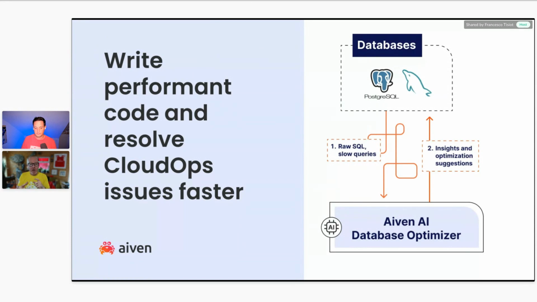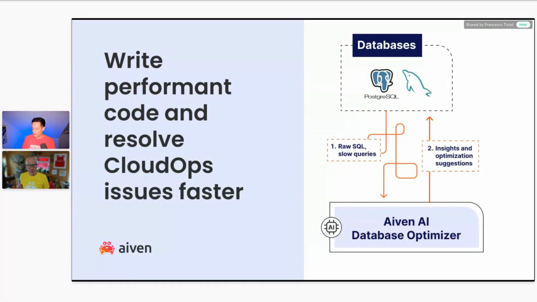And the sooner you can get a database back to a performant state, either because you've tweaked the queries to make the workload more effective, or you've added indexes that were missing, or removed indexes that you weren't using, the better the ROI for your business. So we've seen a lot of really positive impact to our customers and their customers because they've been able to manage a bigger fleet of databases and a more complex infrastructure because we help them with their optimizations.